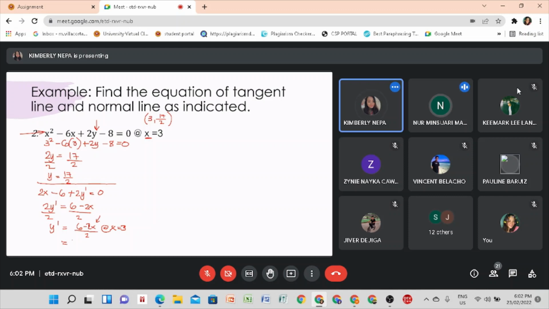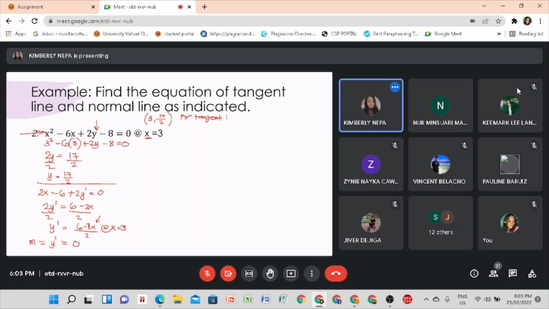How much is that? 0 po. Okay. 6 minus 6 is 0 divided by 2 is 0. So our y prime or the slope is equal to 0. So for the tangent, again, the slope does not get modified. The normal is the one that modifies the slope, right?